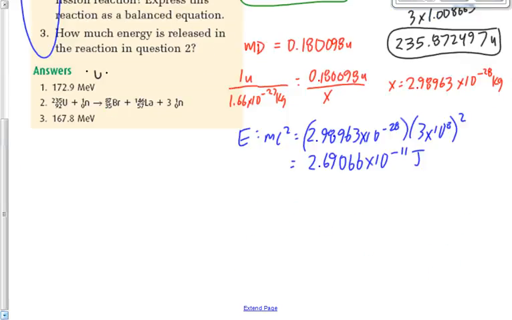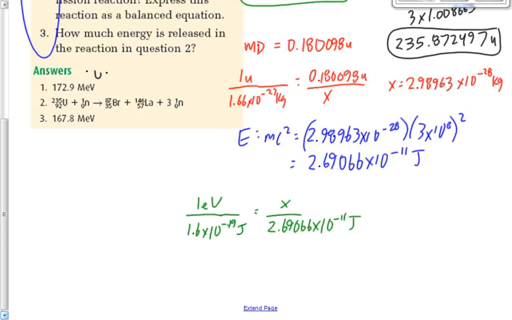We know that 1 electron volt is 1.6 times 10 to the minus 19 joules. So we're going to say X electron volts is 2.69066 times 10 to the minus 11 joules.